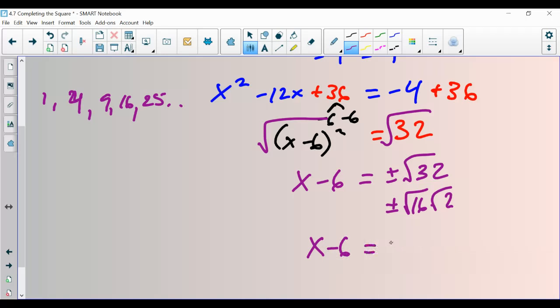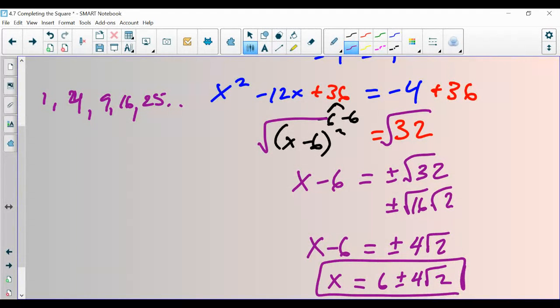So you'd have x minus 6 is equal to plus or minus 4 root 2, because the square root of 16 is 4. And now you'd add 6 to both sides, and we're actually going to put this positive 6 in front right there. So it'd be x is equal to 6 plus or minus 4 root 2, and that would be your answer.